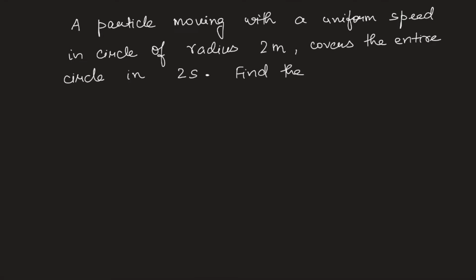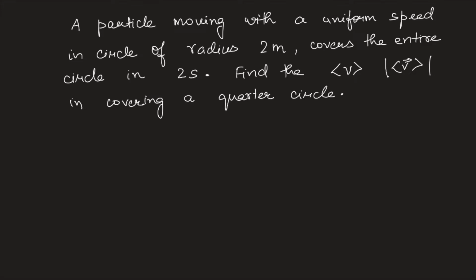Find the average speed and the magnitude of average velocity in traversing a quarter circle. Quarter circle means 1/4 of a circle.